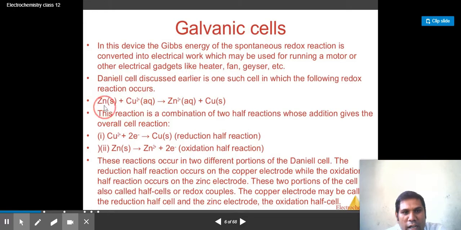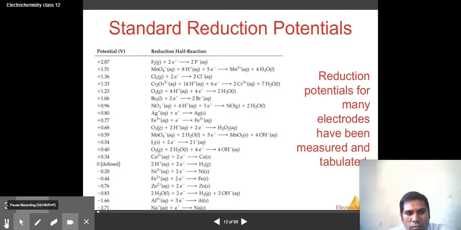The overall net cell reaction is Zn plus Cu2+ gives Zn2+ plus copper solid. So this is an oxidation reduction reaction and is also called a redox reaction.